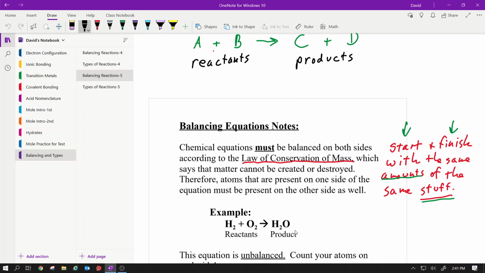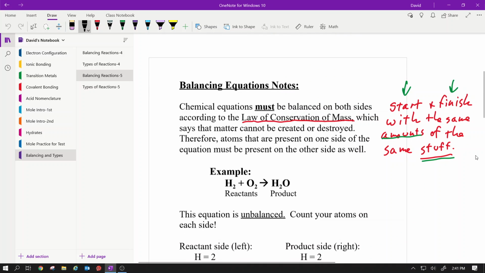All right, so here's an example. So let's say that we have, so we all know the recipe for water. A little bit of hydrogen, a little bit of oxygen. Mix it together, stir it around. All right, react it together, and you make some water. Okay, H2 plus O2. Oh, now remember that hydrogen and oxygen are elements that we call diatomic. What does that mean?